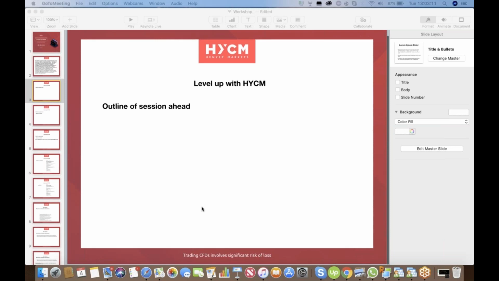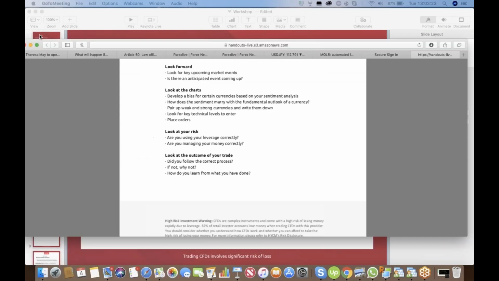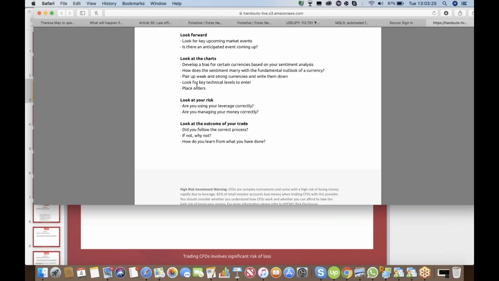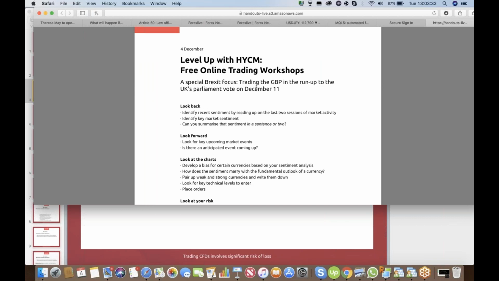We've been looking at that in particular, and let me just bring that across for you. There it is. We're looking at a special Brexit focus, trading the pound in the run-up to the UK's Parliament vote on December the 11th.